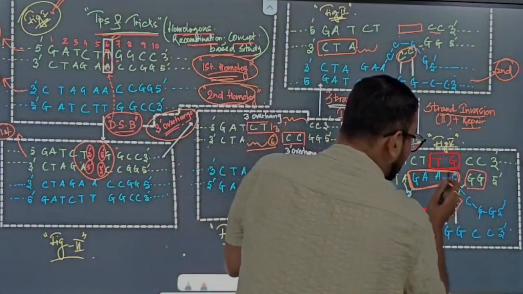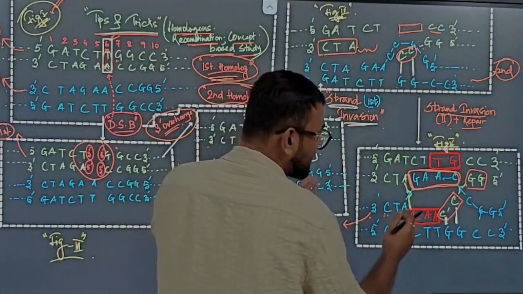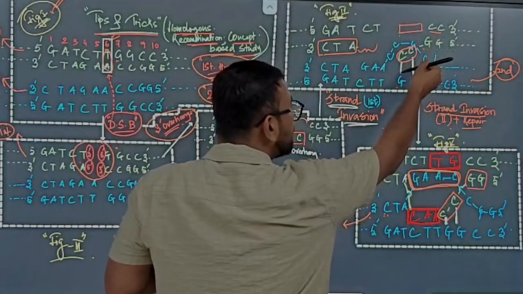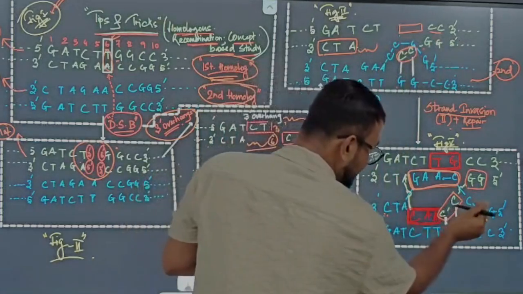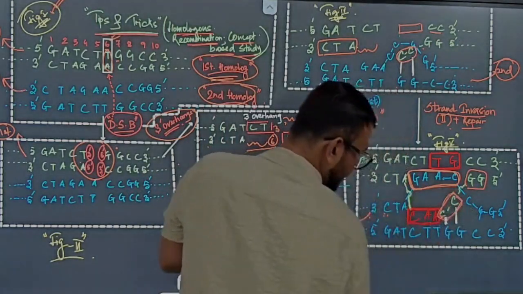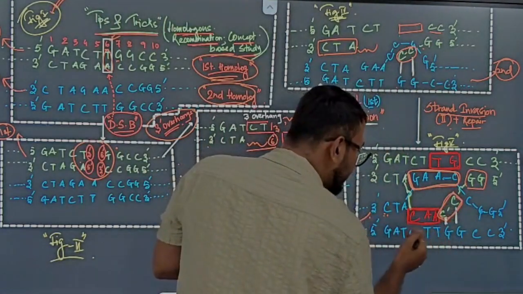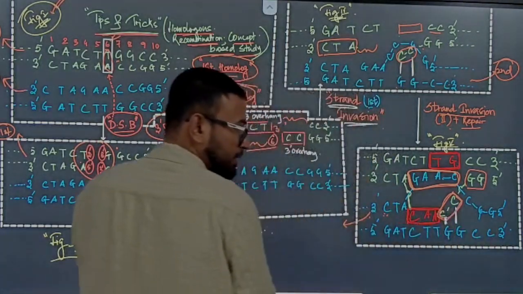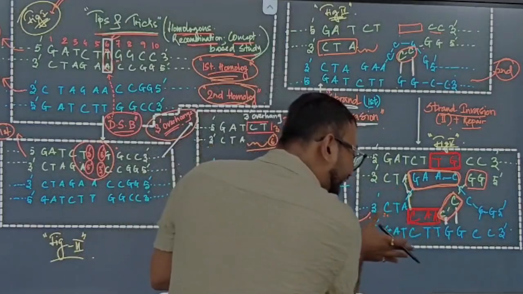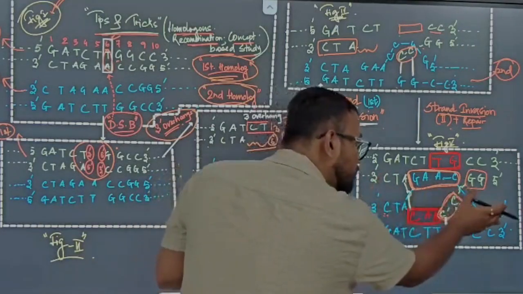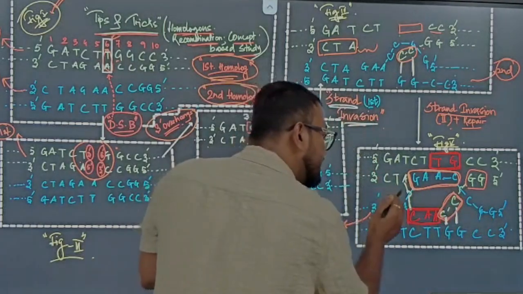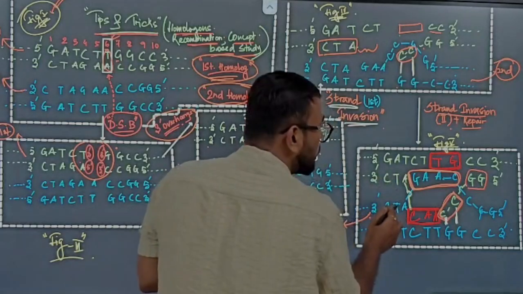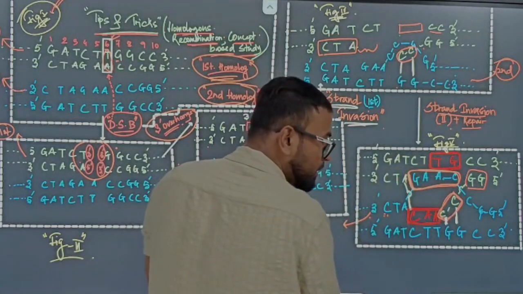So on first strand invasion, CC has introduced itself and shows complementarity with the second homolog 5 prime to 3 prime strand. Now the second homolog 3 prime to 5 prime strand will enter into the first homolog.